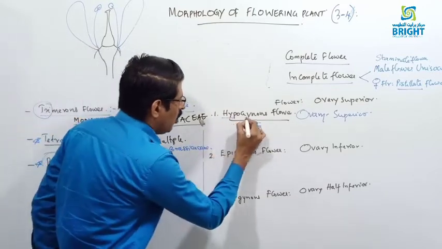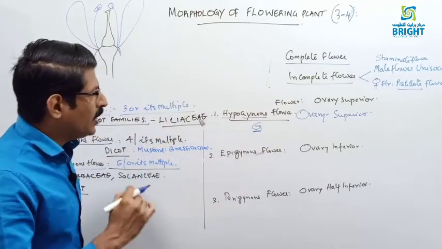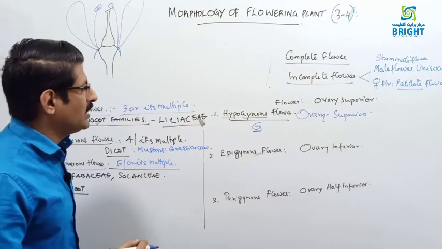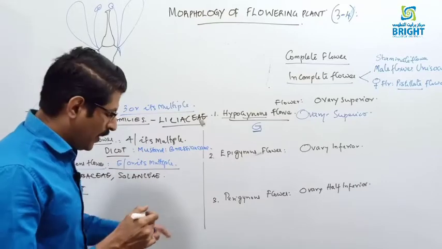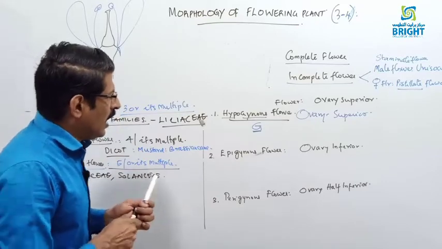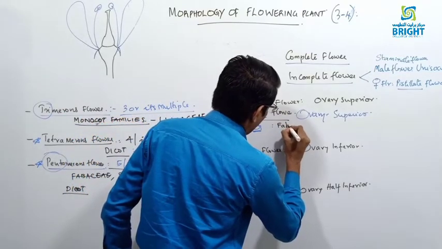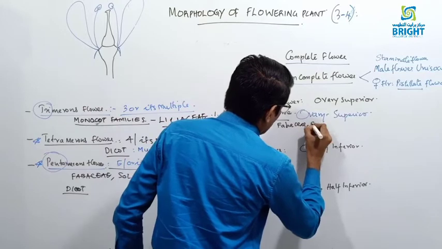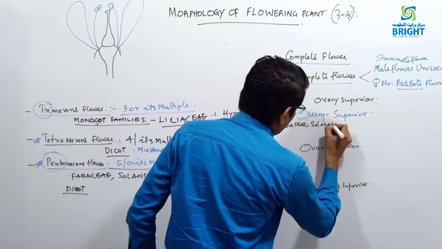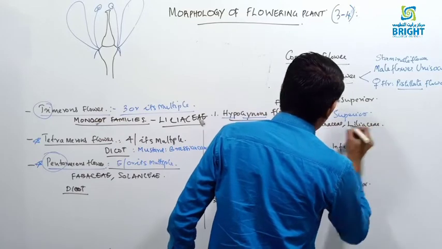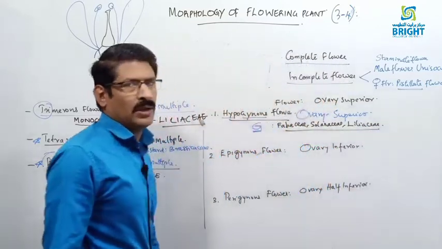Hypo means below, and gynous refers to the gynoecium, so all the floral parts are below the gynoecium. The origin of all the floral parts is below the gynoecium. And the three families we are studying, Fabaceae, Solanaceae and Liliaceae, are hypogynous in nature.